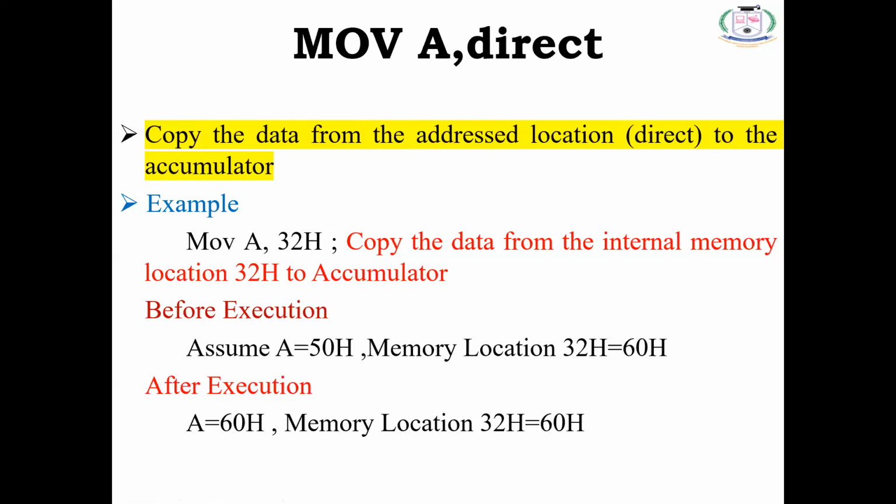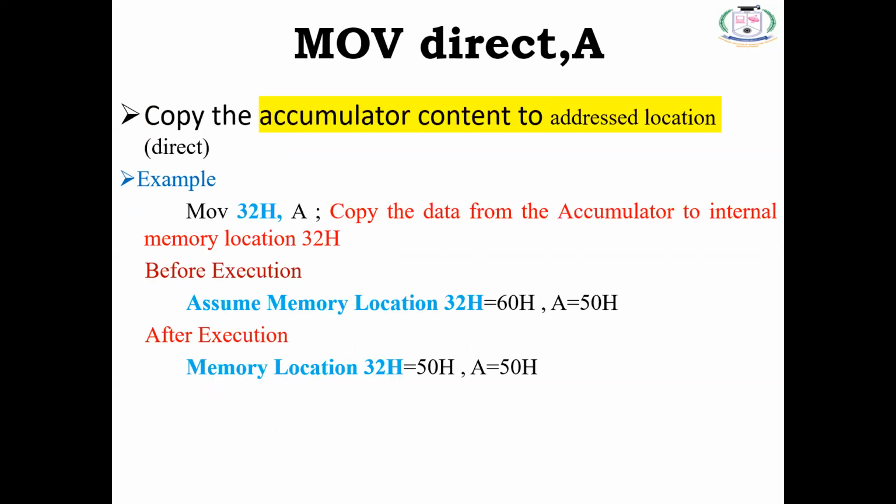So in that, all our data and memory will be in hexadecimal code. Even if I am specifying data or memory, I have to put H. H always stands for hexadecimal. Are you clear? So MOV A, direct copies the data from the address location to the accumulator.